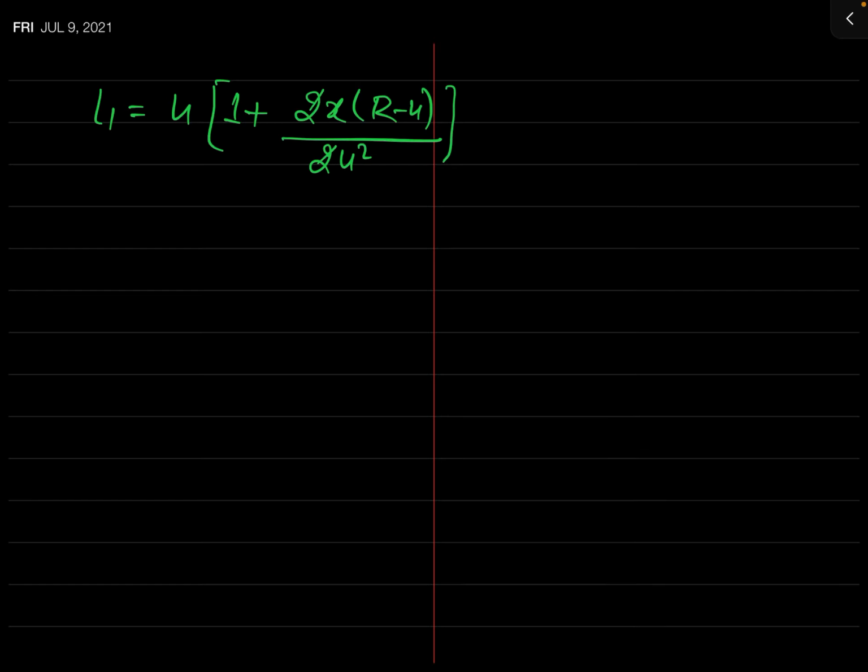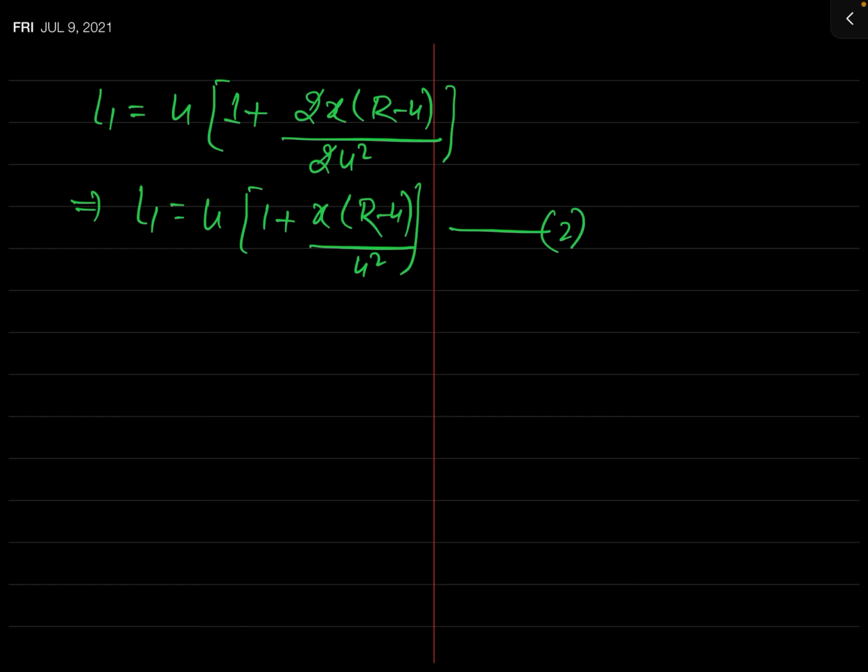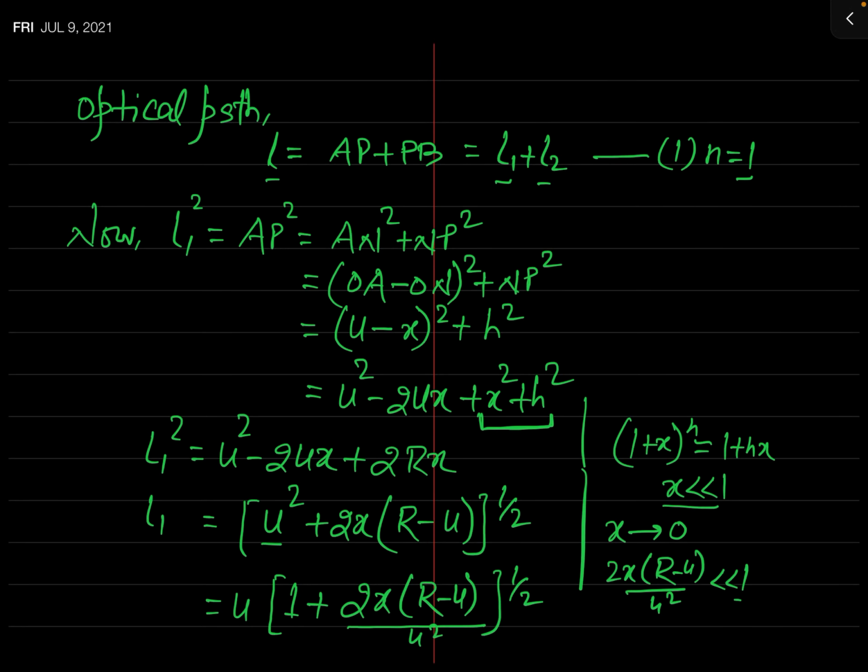So this 2 and this 2 will cancel out, and our result is L1 equal to u into 1 plus x into r minus u over u square, and say this is equation 2. As you can see, I have calculated the value of L1.